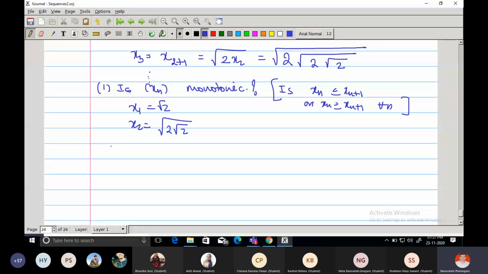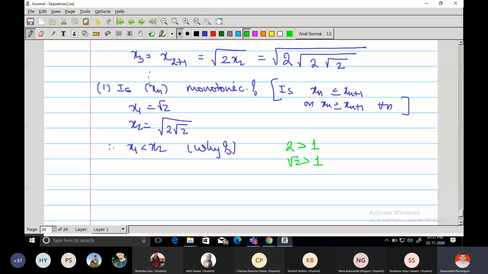Is it clear why it is true? Two is greater than one, so root 2 is greater than 1. Am I right?